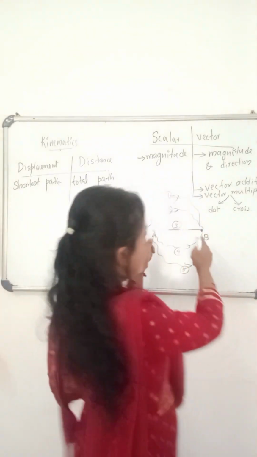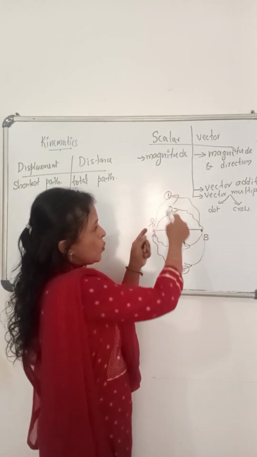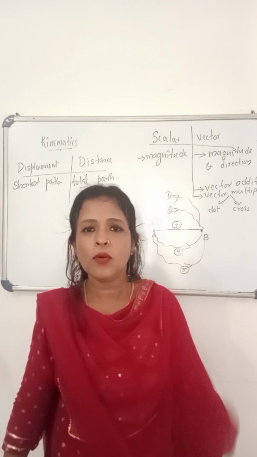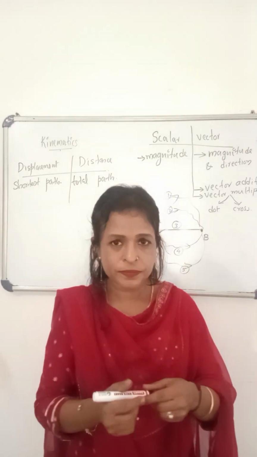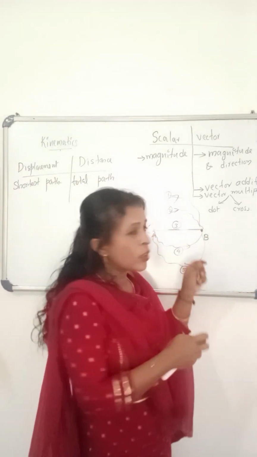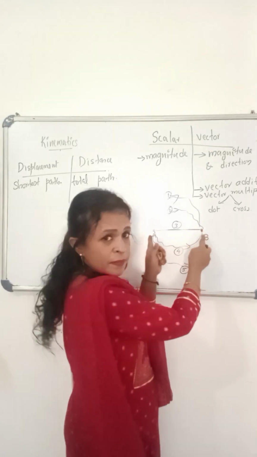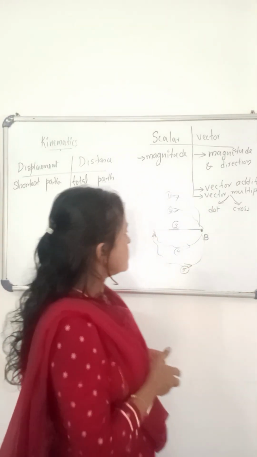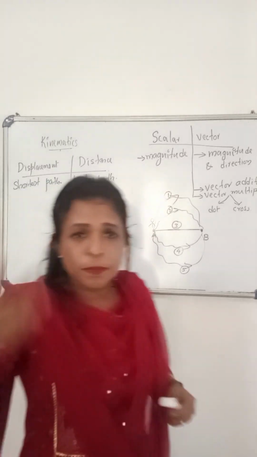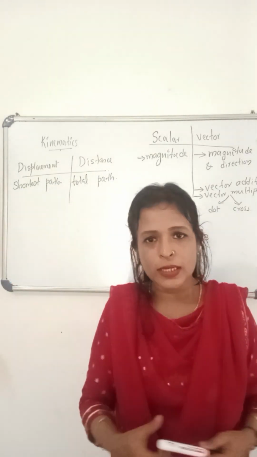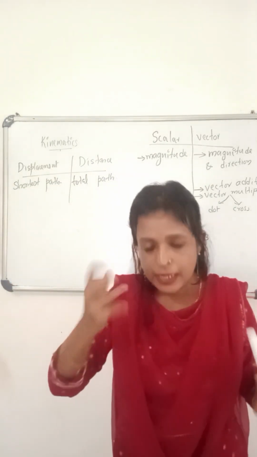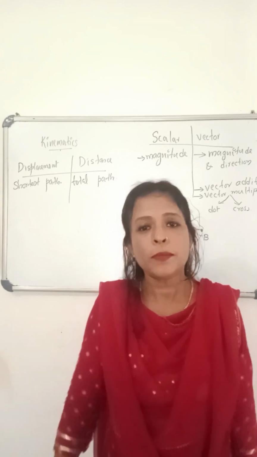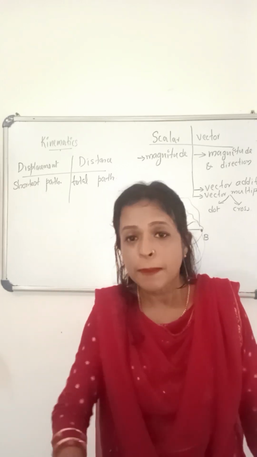So 1, 2, 3, 4, 5, all are distance only, and from these the shortest path is the third, that is displacement. So the displacement depends only on the final position and initial position, not on the path.